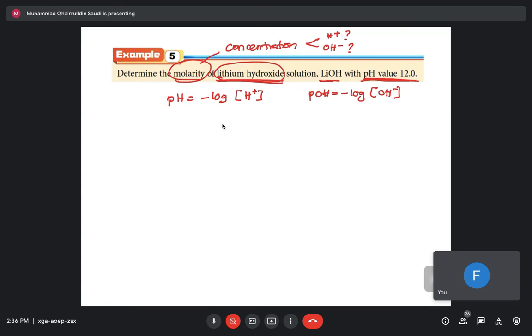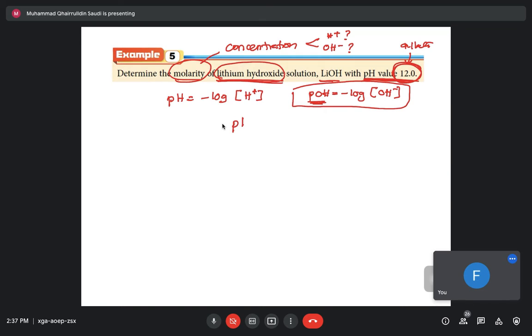So concentration of lithium hydroxide is equal to concentration of hydroxide ions. How do you know hydroxide ion? Sebab dia alkali. Yes, you already know because pH 12 is alkali. So you use the alkali punya value. So tapi sekarang ni dalam ni adalah pOH, betul? So you cannot tulis pOH 12 sebab 12 adalah pH.